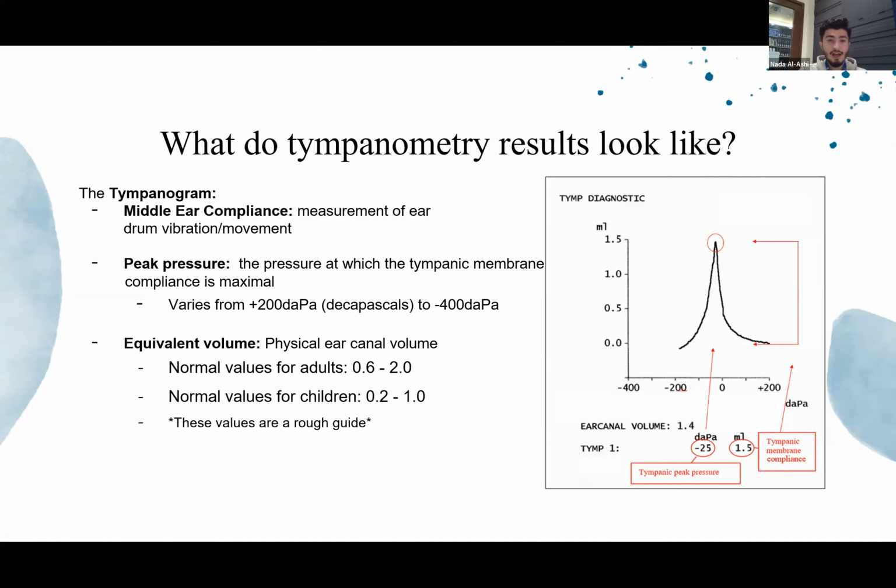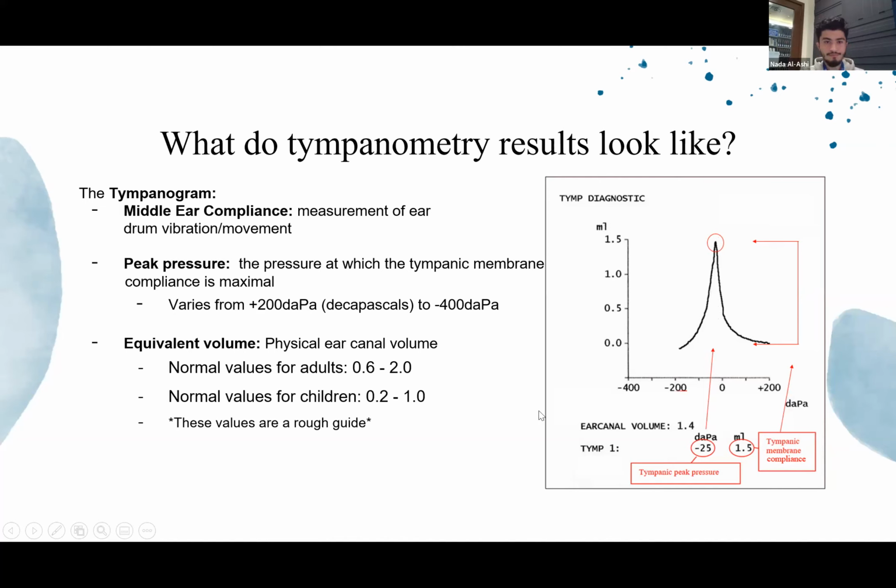Peak pressure is a measurement of the pressure at which the eardrum compliance or movement is maximal. This can vary anywhere between -400 to +200 decapascals. The peak pressure is where we have the peak or the top of the little graph or the little mountain. If we look down the peak pressure here, it is approximately -25, which we have written here as well.